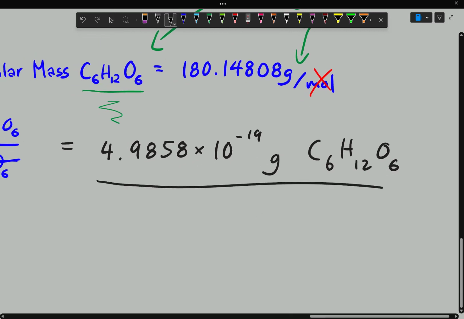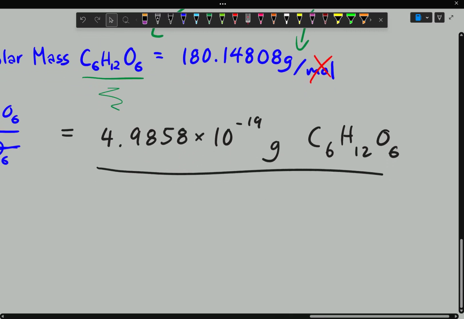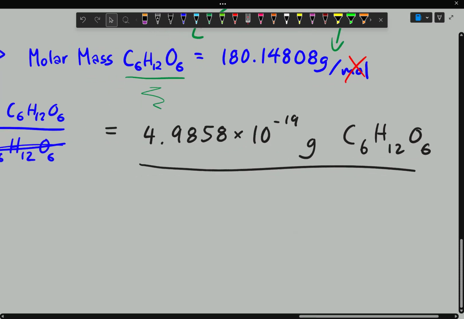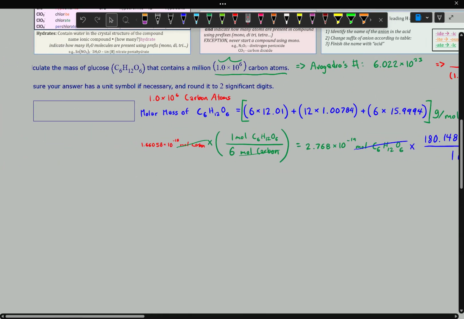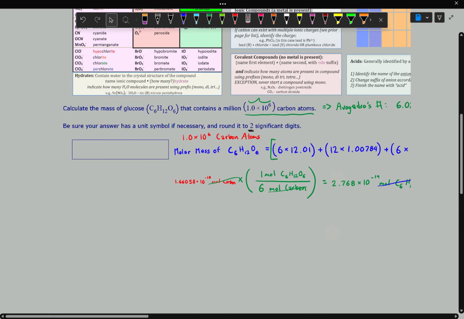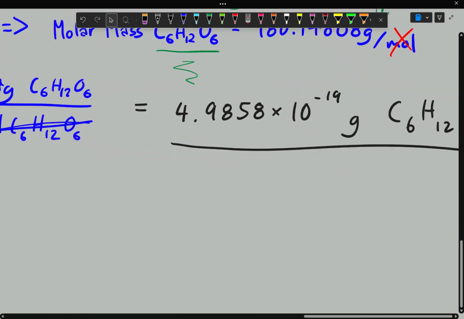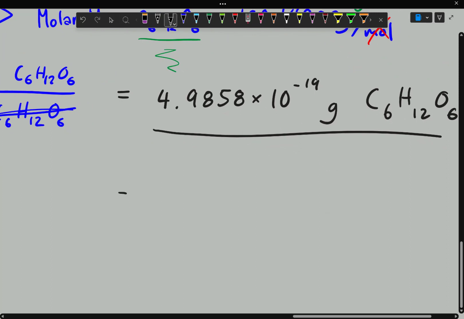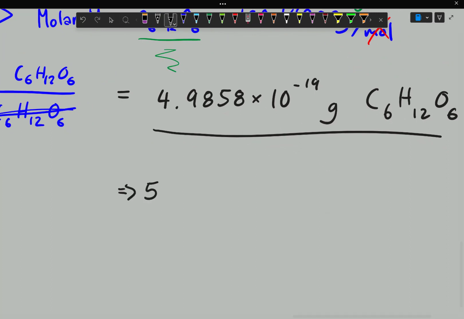And that is almost our final answer, because remember, we want 2 sig figs, right? So if we round this to 2 sig figs, we are left with a final answer of 5.0 times 10 to the negative 19 grams of glucose.